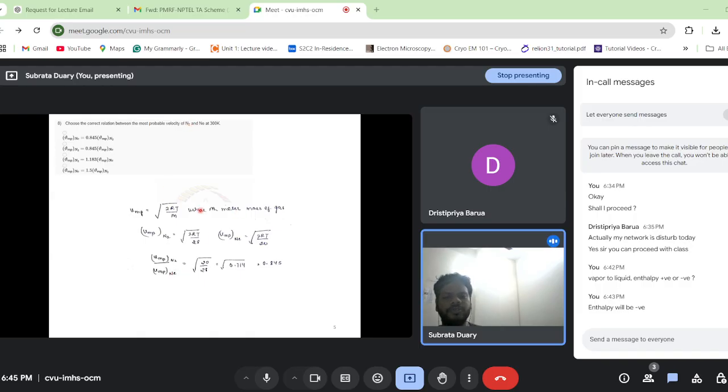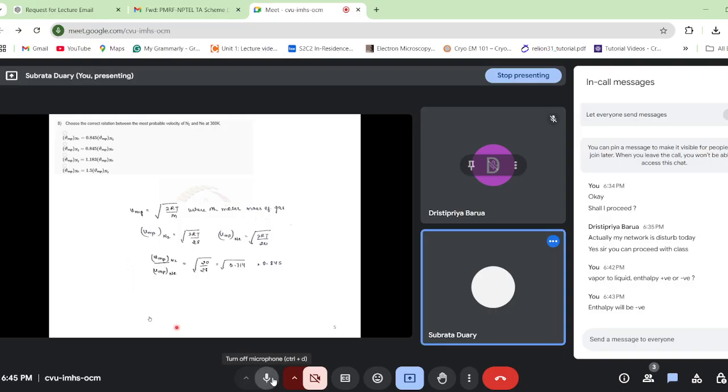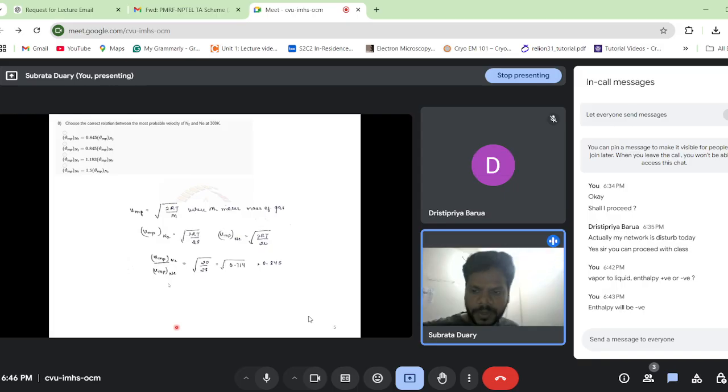For nitrogen it is 14 into 2, 28, and for neon it is 20.